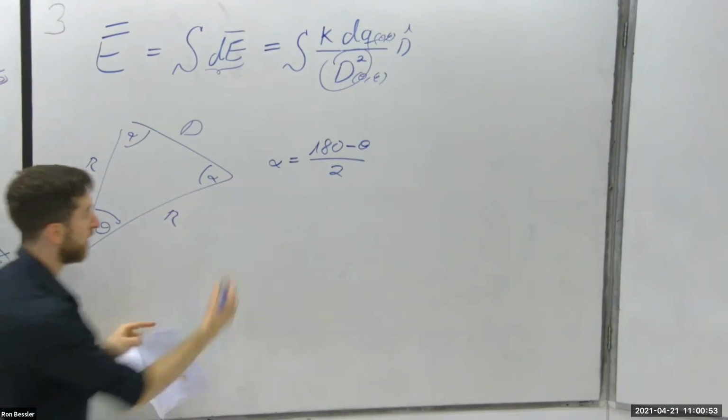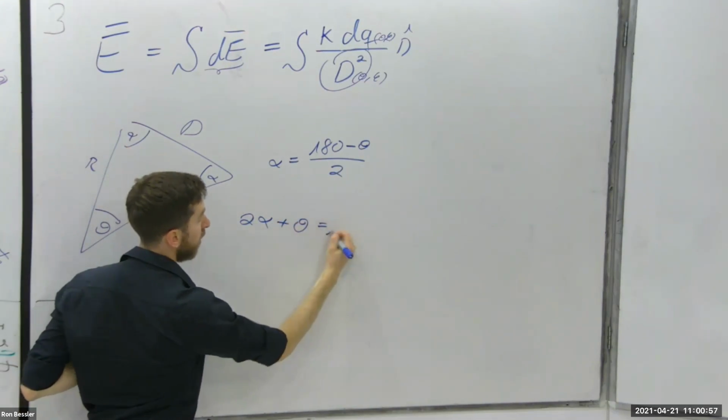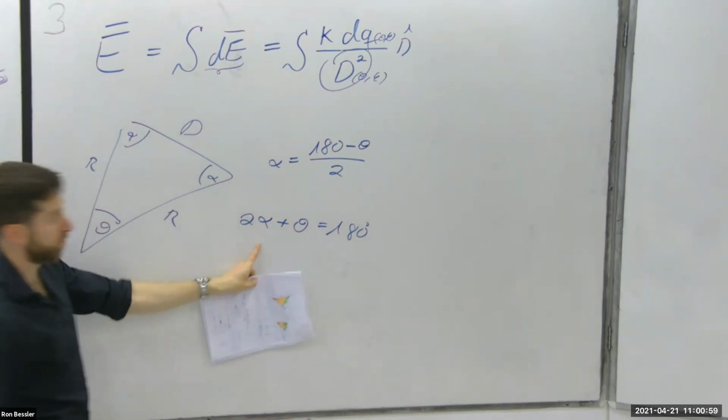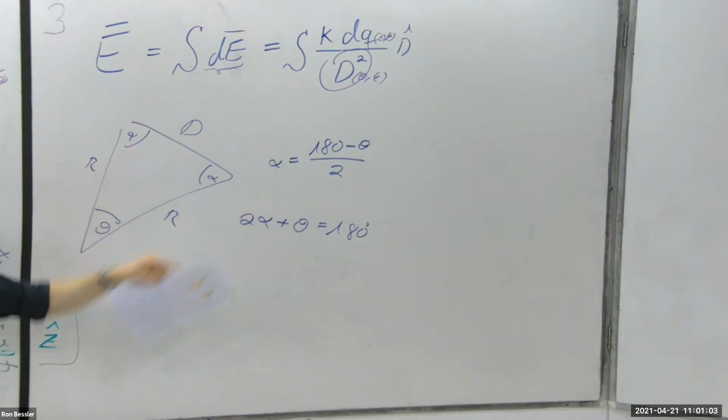Because the sum of all angles, these two alphas plus theta, equals 180 degrees, which you have in a triangle. So I know this alpha. I just defined it, because I have it here, and then I know the connection between dE and dz.